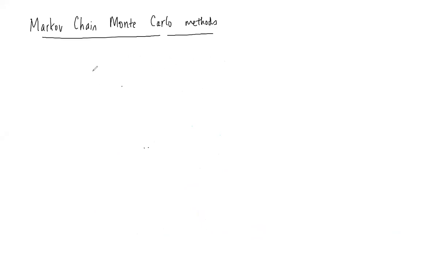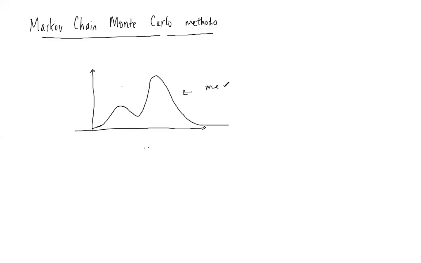Okay, suppose you have a density that looks like this. Right, and you want to find the mean. This is f(x). And then find the mean of f(x), which is basically this thing.